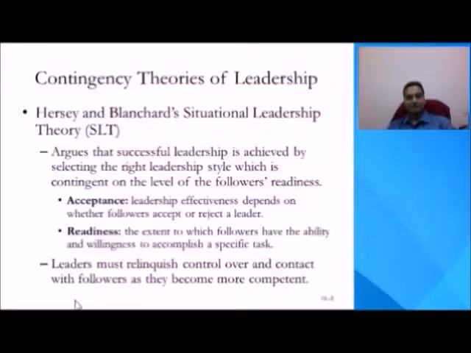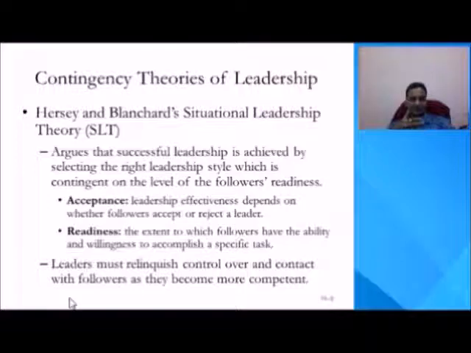The next contingency theory that we are going to talk about is the situational leadership theory. Situational leadership theory says that successful leadership is achieved by selecting the right leadership style, which is dependent on another factor called readiness. Now we are bringing a new term into the whole equation.